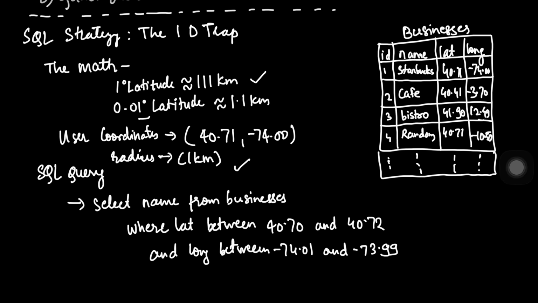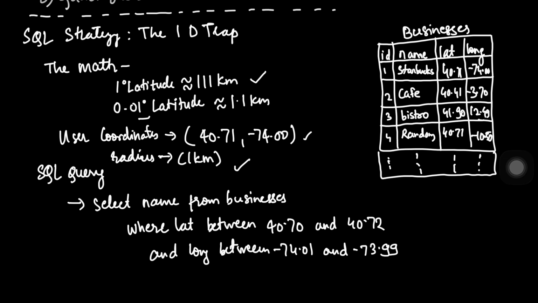To create a search area around our user at 40.71 and minus 74.00, which are basically our user coordinates, we need to create a search box, or what we call a bounding box. We add and subtract 0.01, our magic number, to the latitude as well as the longitude to get our lower and upper bounds.